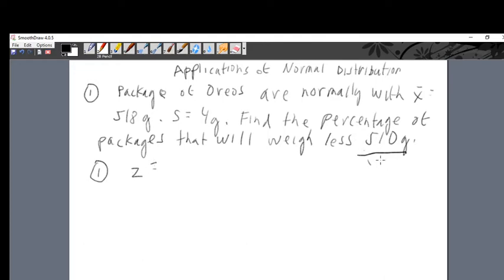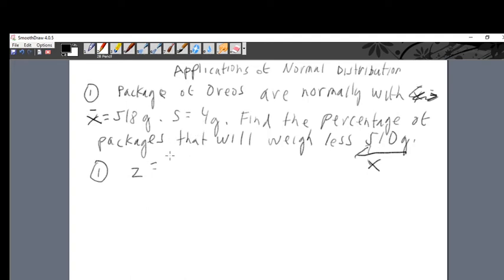Our mean is 518, sorry, 518. So there we have the x, 510, where the mean is here, and the standard deviation is right there.